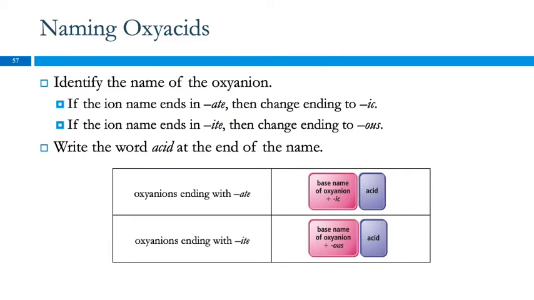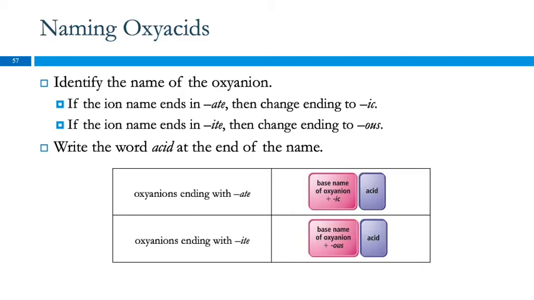Okay, oxyacids. These have oxygen in them. They still start with hydrogen, but there's going to be oxygen in them, so they're very easy to recognize. These are named from the name of the oxyanion. So again, we need those polyatomic names. We cover up the hydrogen and say, well, what's the name of the rest of that? It's from that table that you're supposed to memorize.